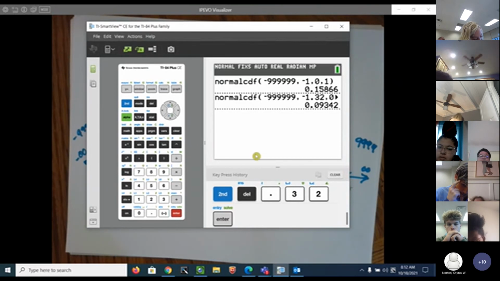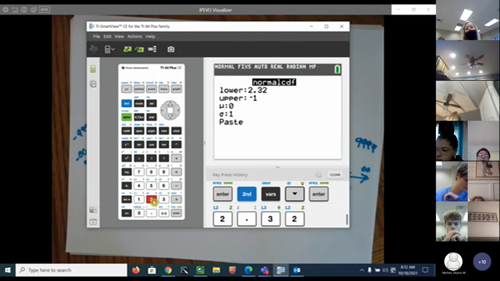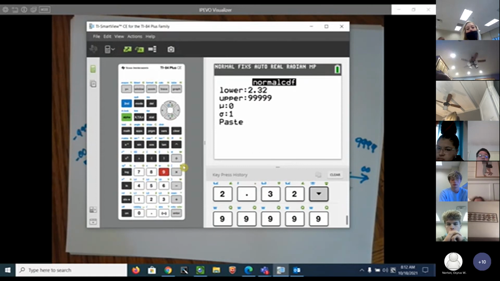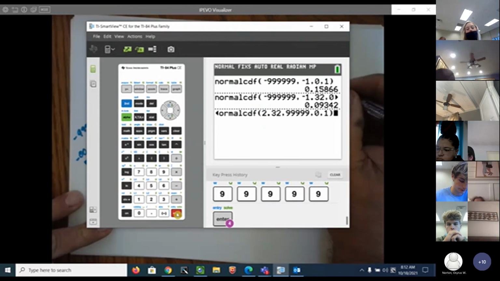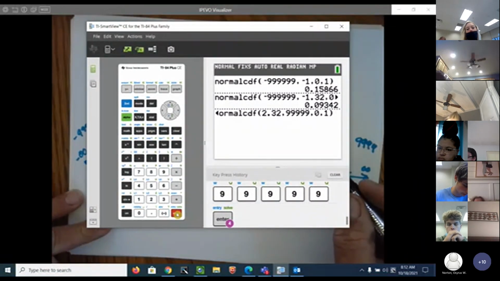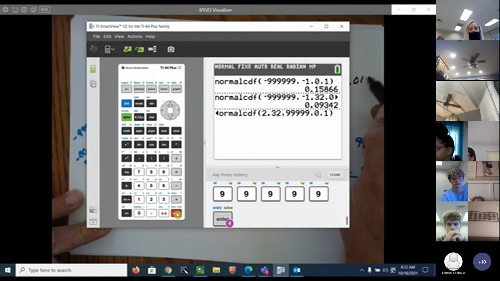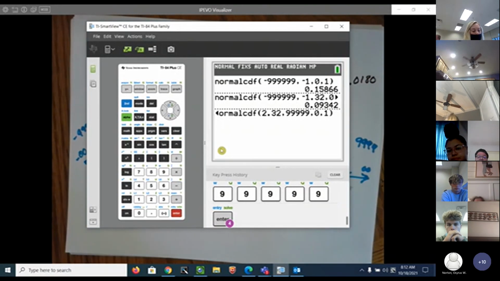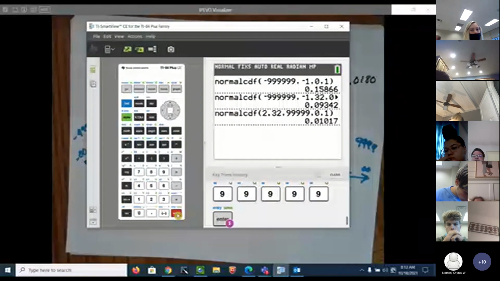Now I'm going to do the right side, and that's going to be second, DISTR, normal CDF from 2.32 to 9999. The empirical rule estimate is going to be less than 2.5, probably 0.018 or so. The answer is 0.0102.